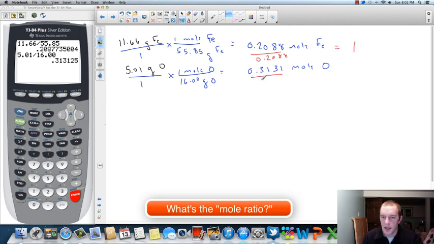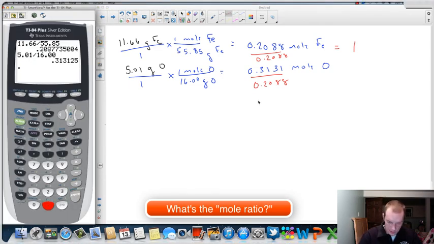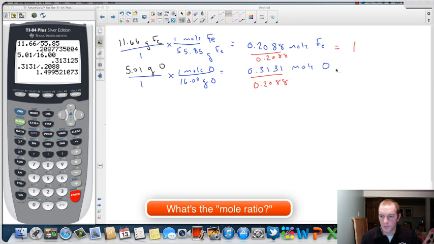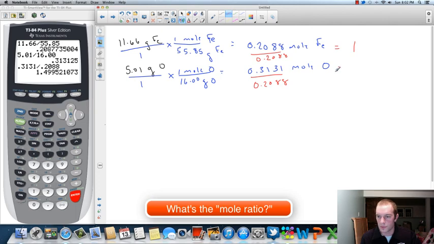In this case, if we take this and divide it by 0.2088, go over to our calculator over here, 0.3131 divided by 0.2088 equals almost exactly 1.5. So what that tells us is that there is a 1 to 1.5 ratio of iron to oxygen.